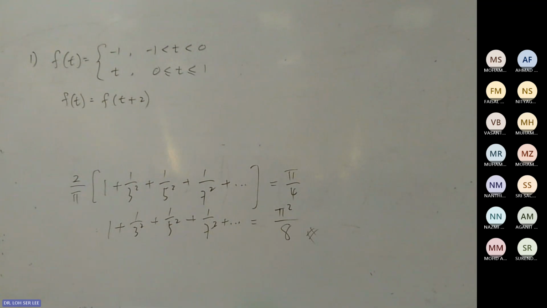We sketch the graph of the function from negative 3 up to 3.